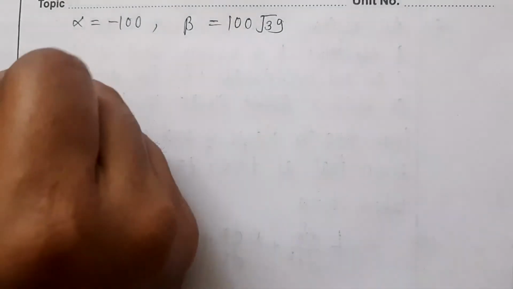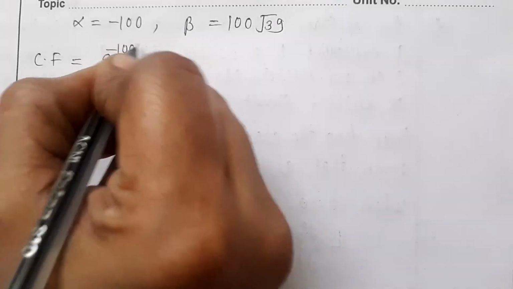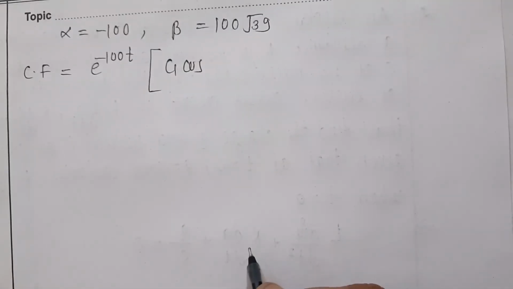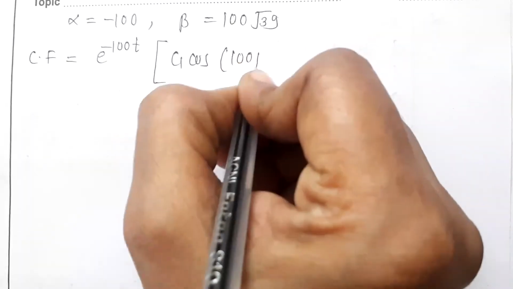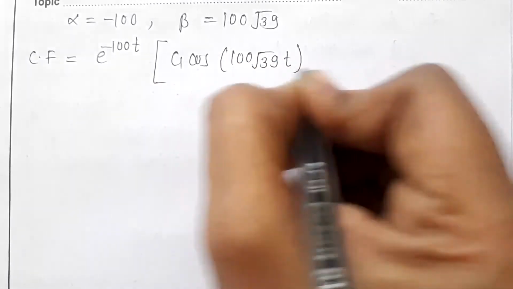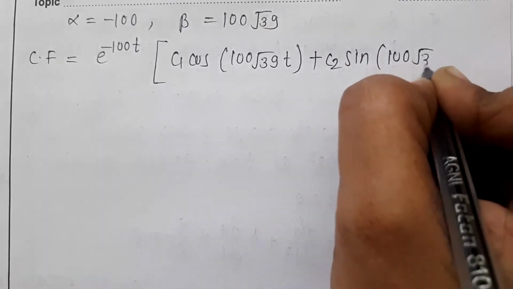Now write down alpha is equal to minus 100 and beta is equal to 100 root 39. So write down CF for this. CF is equal to e to the power minus 100 t in bracket C1 cos 100 root 39t plus C2 sine of 100 root 39t.